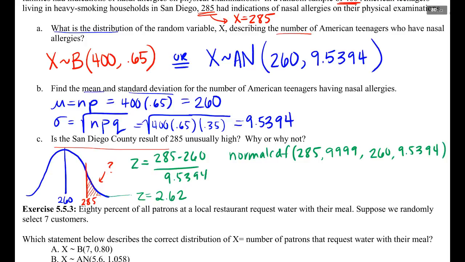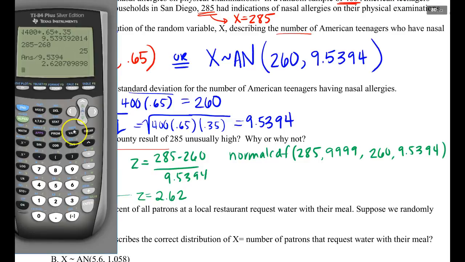We could have also used binomial CDF here. I'm only using normal CDF because we have the mean and standard deviation. If this were a test question and I wanted you to use the normal approximation, I have to say that, like we did in the last question. So I'm going to do a normal CDF just to see what this probability is.